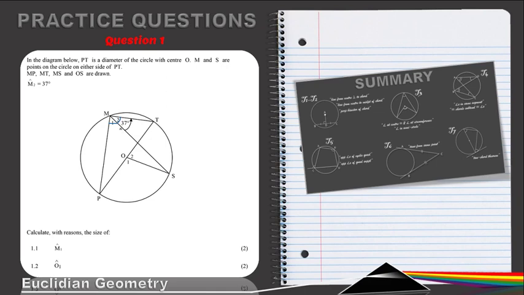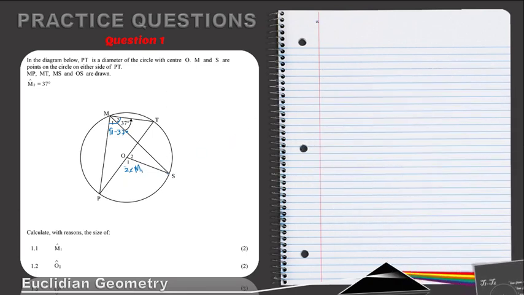So that means if we want to find M1, we'd simply say 90 minus 37 degrees. And then if we want to find O1, this is subtended to the center of the circle, where this one is subtended to the circumference. So this would then be 2 times M1's value. Right, so now let's do that.